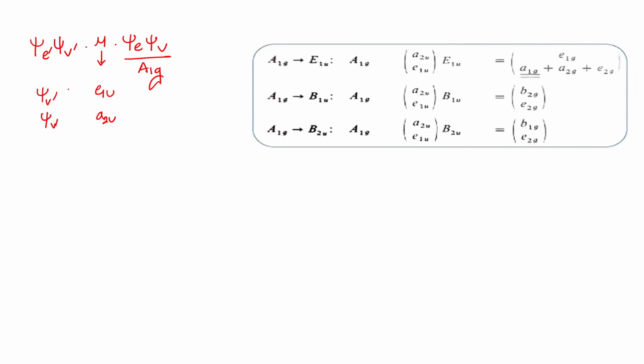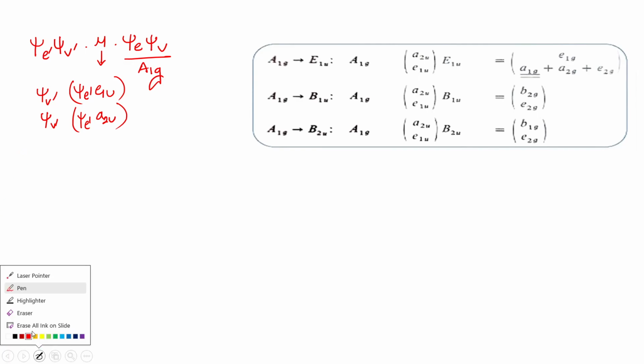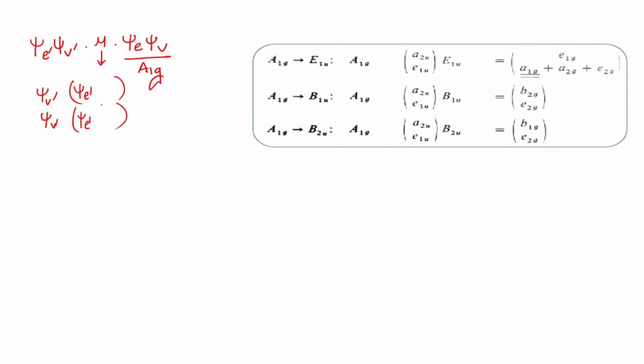From our previous discussion we know what these things are, right? Symmetry of this, that is mu xy together mu, so that we know is psi v dash.